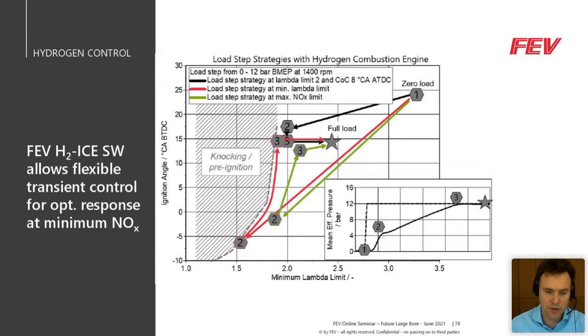But of course, also in this case we will be very fast with the transient maneuver, but we will also emit quite a significant amount of NOx. What we can do with our control is dynamically control the retardation of the ignition from point 1 to 2 in a very dynamic way, and select the best retardation that enables a very fast transient, but at the same time keeps the NOx under control.